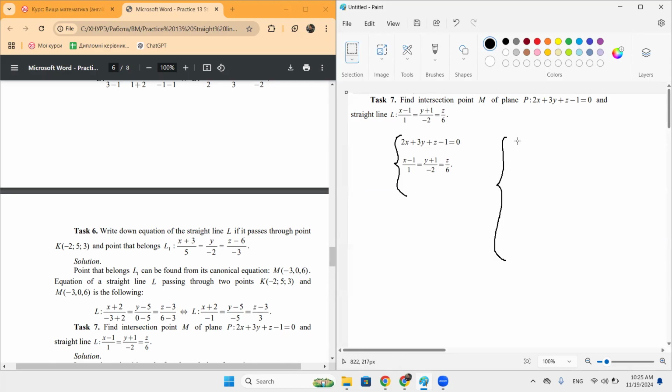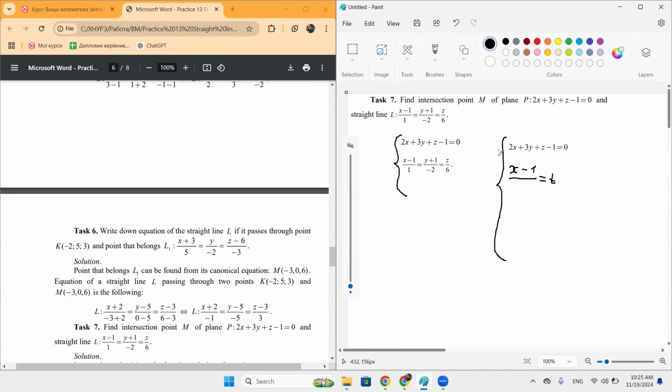So it's time for this. So how to do it? So transfer into parametric form. So everything equals t, not 2, but 1.